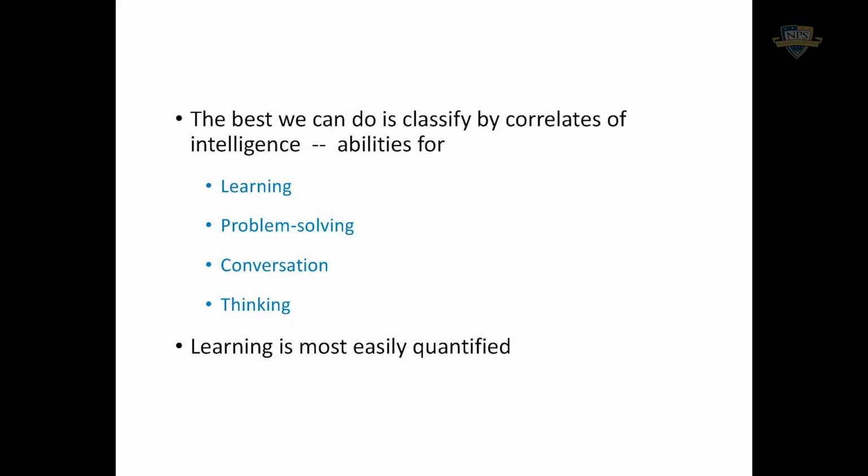Okay, so going back to our original question: if we want to assess whether something is intelligent, the best we can do, according to our current knowledge, is with things that we correlate with intelligence. So, for example, learning is correlated with intelligence. If we learn a new function, we adapt to our environment, we say that's intelligent. Problem solving is another characteristic of intelligence.